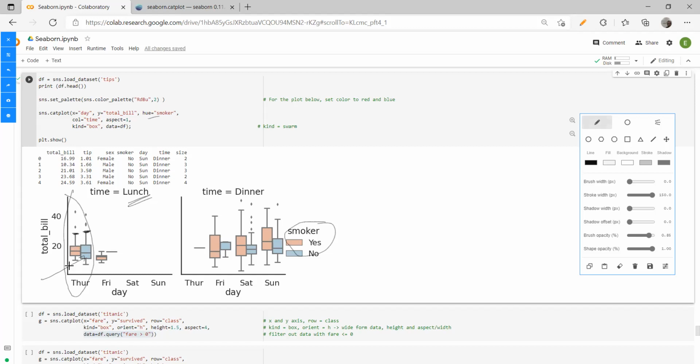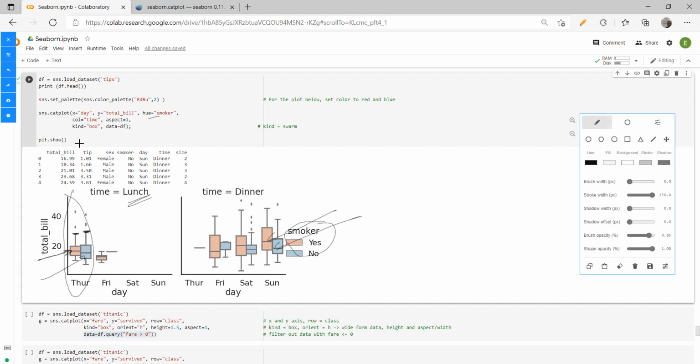If you see just the upper whisker. But if you see the median value, the middle value, the median value for a smoker was high. Correct? The middle value for the smoker was high. Over here, you can also see that the smoker is paying a lot for a dinner. Okay, and non-smoker is paying a little less for the dinner on Sundays. Right, this is what you can make up.